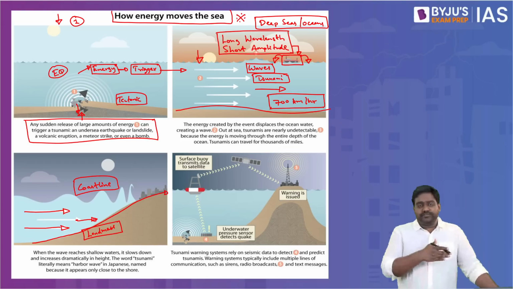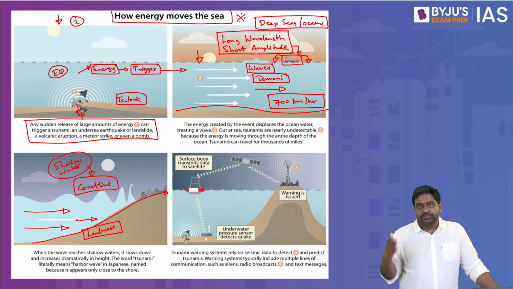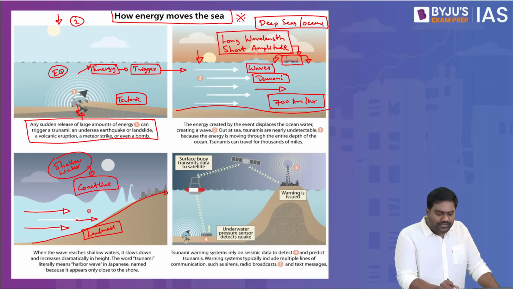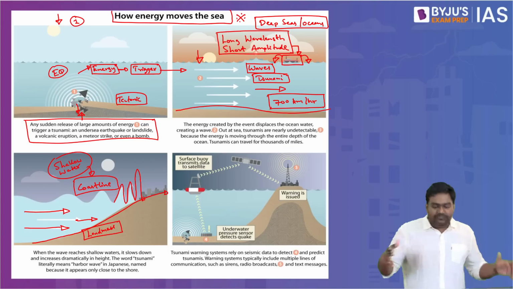When the waves get closer to the coastline, when they enter shallow waters, when they get closer to the continental landmass, the wave faces an obstruction. It's all of a sudden being brought to a halt. So obviously, the wave will start gaining amplitude. It will gain height and the wavelength reduces.